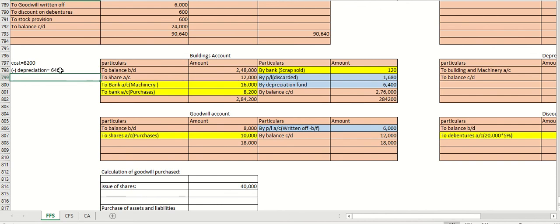So your balancing figure will be 8,200 minus 6,400, which is 1,800.